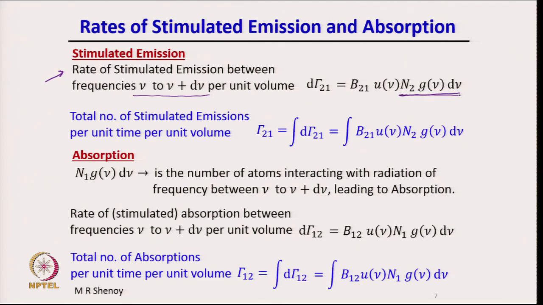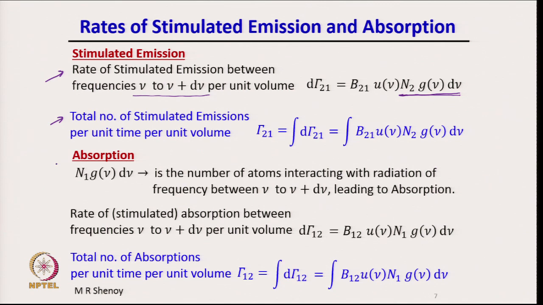Now, all N2s are replaced by N2 G nu d nu, because this is the number of atoms interacting between nu and nu plus d nu. Therefore, the total number of stimulated emissions per unit volume, gamma 21, is equal to the integral of d gamma 21, which is the integral of B21 u nu N2 G nu d nu.